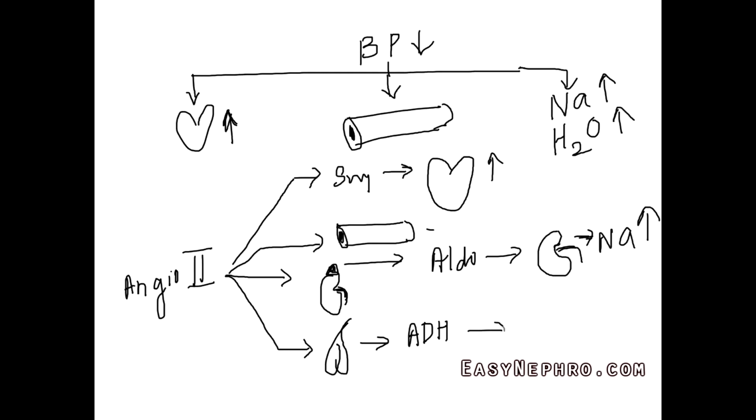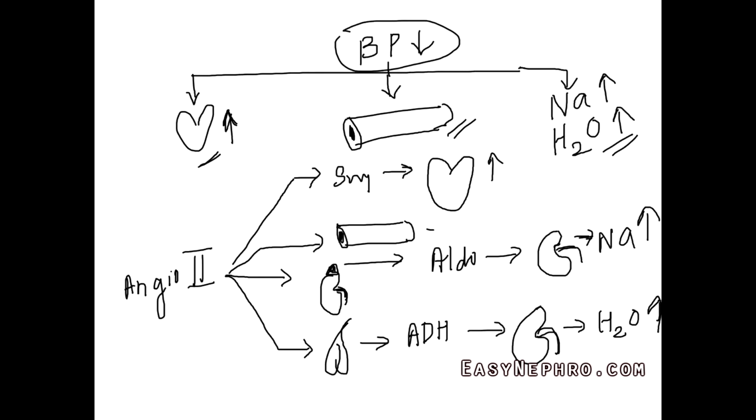It again goes to the kidney, specifically the distal tubules, and causes more water reabsorption. And thus, the three processes that we talked about to increase blood pressure are achieved by angiotensin 2.